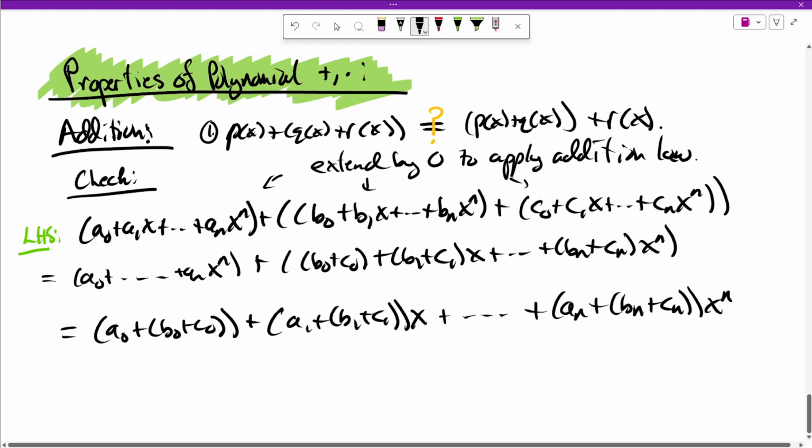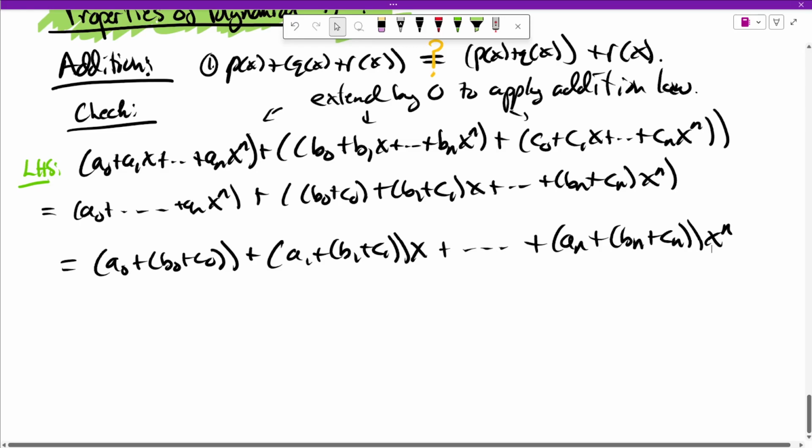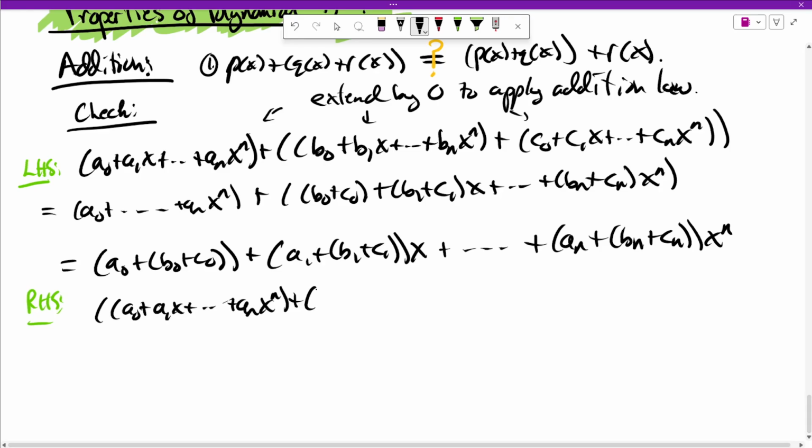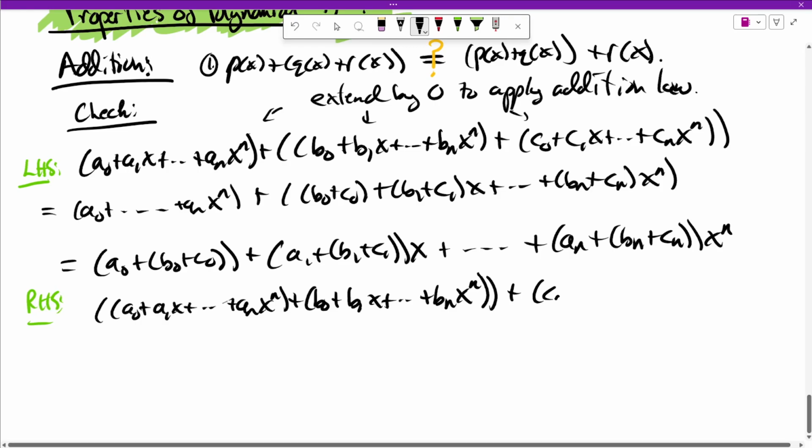Great. Now let's look at the right-hand side of the associative law. So that means we are going to add p and q first, so add the a's and b's, the a polynomial and the b polynomial. A lot of writing here, but none of it's necessarily hard. Most of it's just bookkeeping.